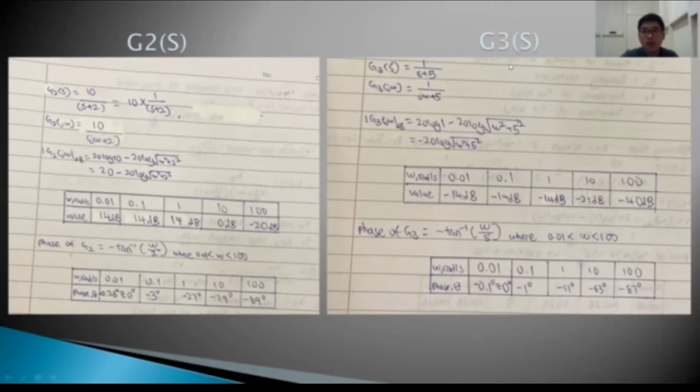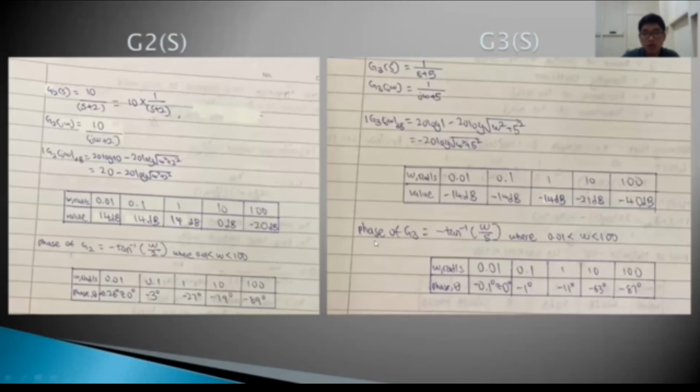Last is G3(s), which is 1 over s plus 5, and the magnitude of G3(s) in dB can be calculated using negative 20 log square root of omega squared plus 5 squared, and the table below represents the magnitude of G3(s) between 0.01 and 100 radians per second.